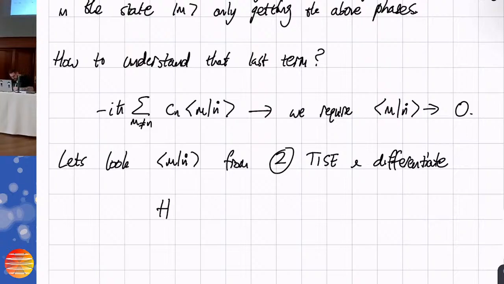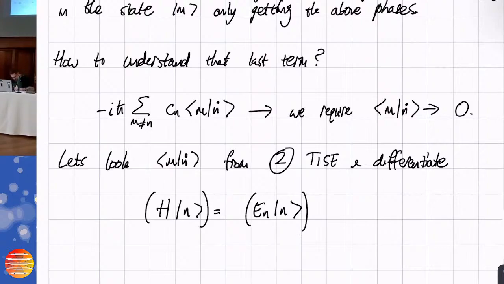So I have H|n> = E_n|n>. Again, remember there's implicit time dependence everywhere here. This is the time-independent Schrödinger equation for the instantaneous solution, so at every instant in time, the system obeys this equation.